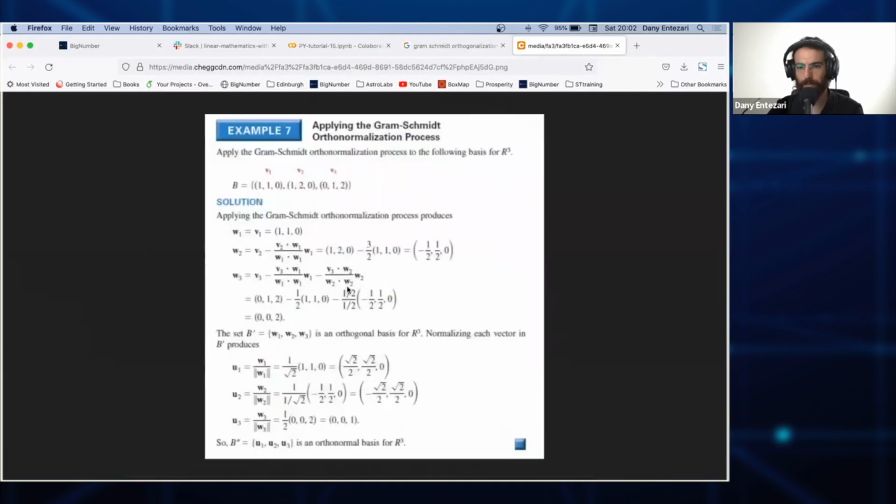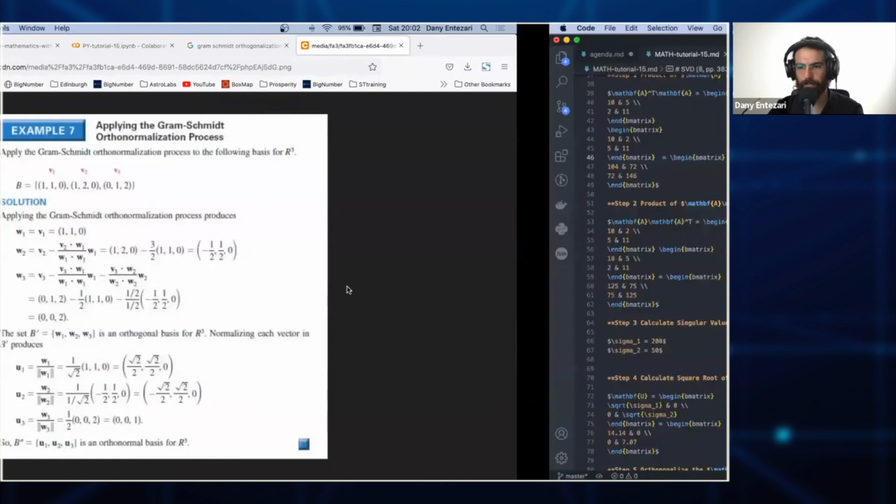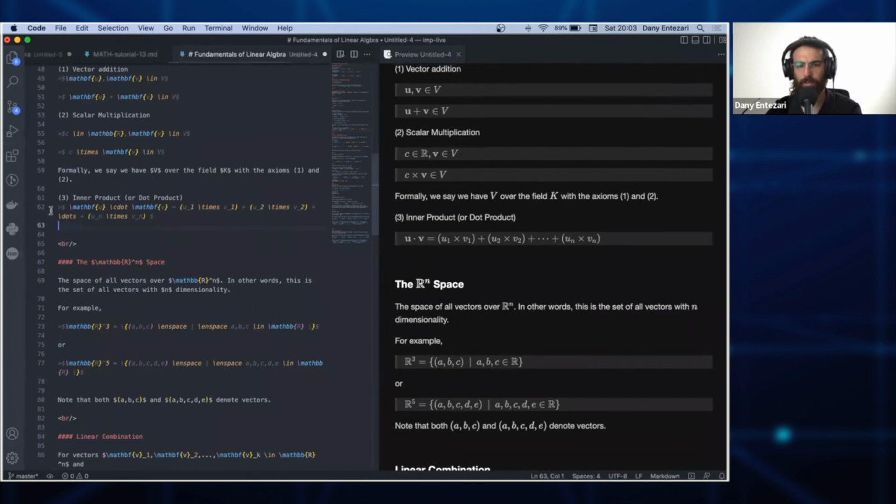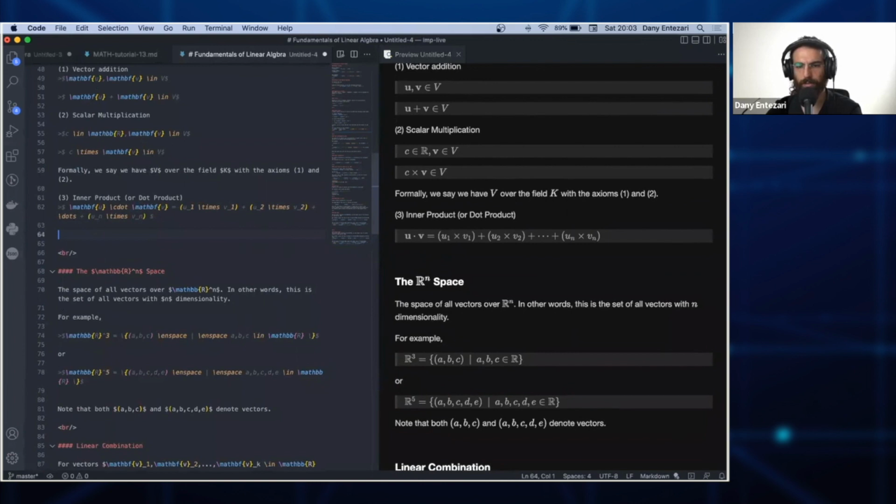Let me add one thing before I return here. So this is how you denote the dot product. This is one way to do it, this dot here. Another way to denote it is like so, to use vertical brackets.